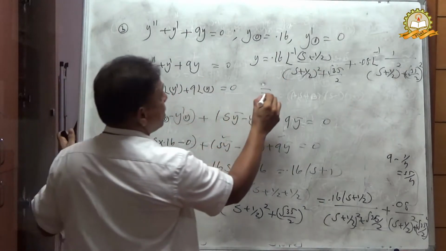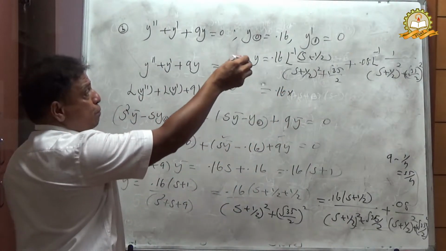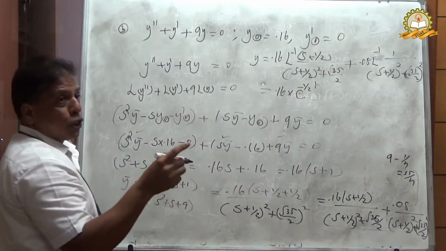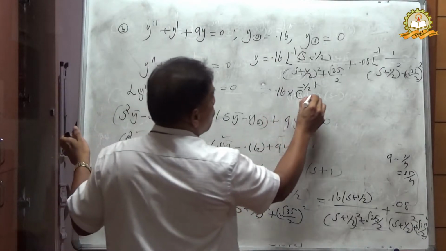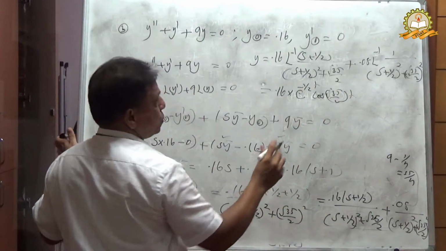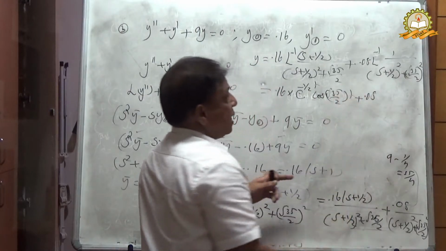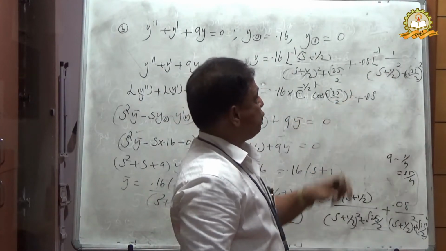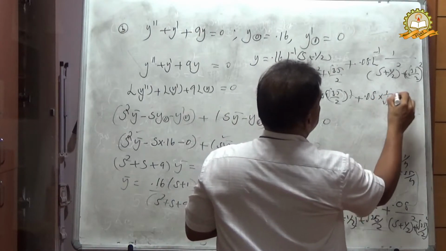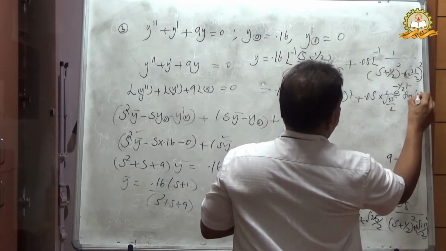By applying the standard form and using the first shifting property, the result will be 0.16 into e raised to minus 1 by 2 t cos root 35 by 2 t, plus the second standard result of sin at, by using the first shifting property, 0.08 into 1 by root 35 by 2 e raised to minus 1 by 2 t sin root 35 by 2 t.